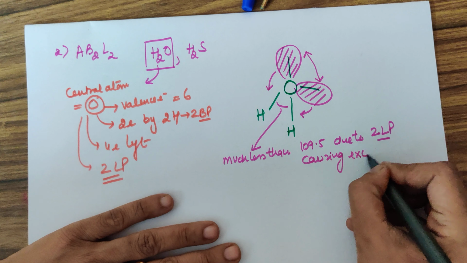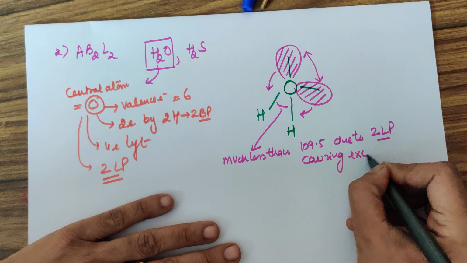And when we talk about the shape of this molecule, you can call it bent, you can call it angular, you can call it V-shaped. Because when we talk about the shape, you ignore the lone pairs. So what are you left with? Only this much. And this is nothing but a bent or angular geometry. The same thing can be drawn by you for H2S.